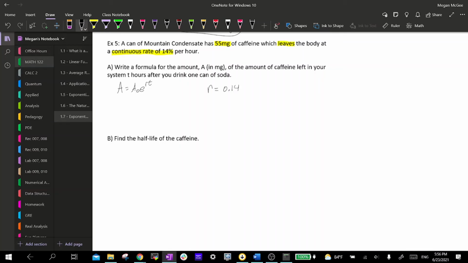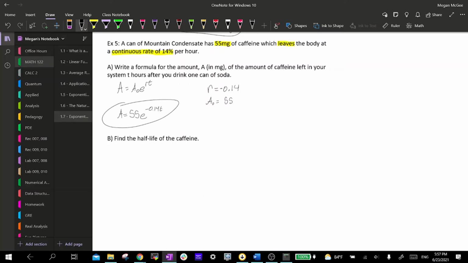And we are leaving the body, so this has to be negative r. And our A naught is 55 milligrams of caffeine. So our formula for how much caffeine is left in the body is A is equal to 55 times e raised to the negative 0.14 times t. All right, that's our formula.